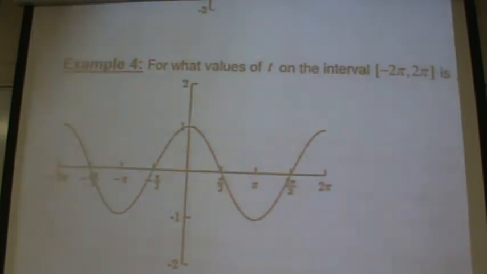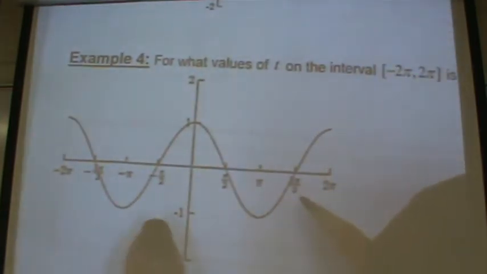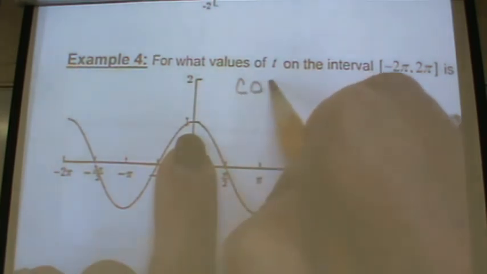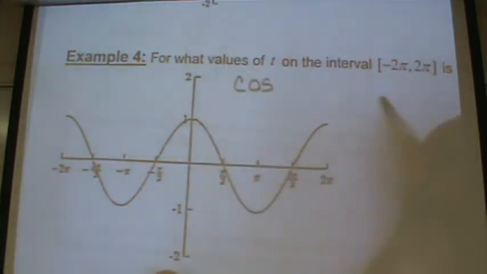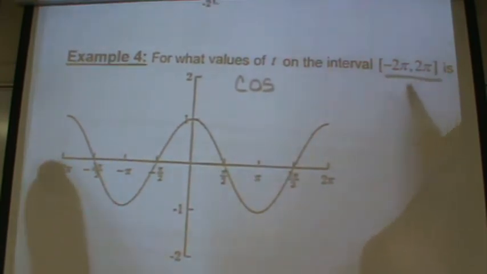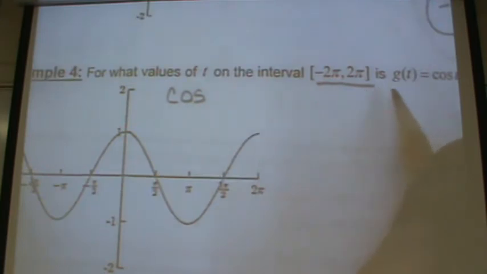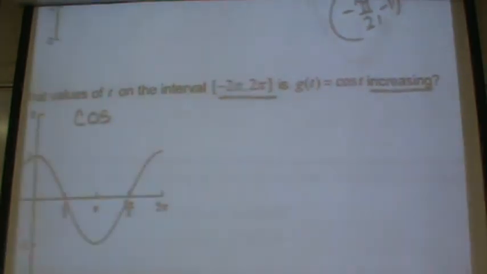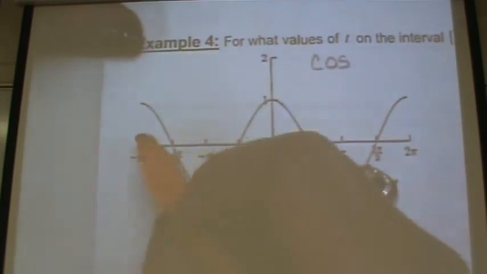For what values they graphed, this is the what curve, sine or cosine? Cosine. This is the cosine curve. How do you know? Because it started high here. They graphed this interval, negative 2 pi to 2 pi. They want to know, tell me what interval the graph is increasing. What does that mean? You always read a graph left to right.